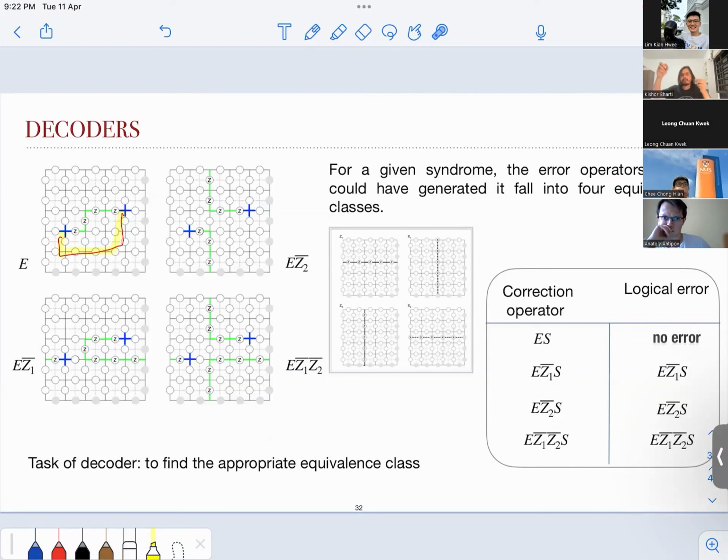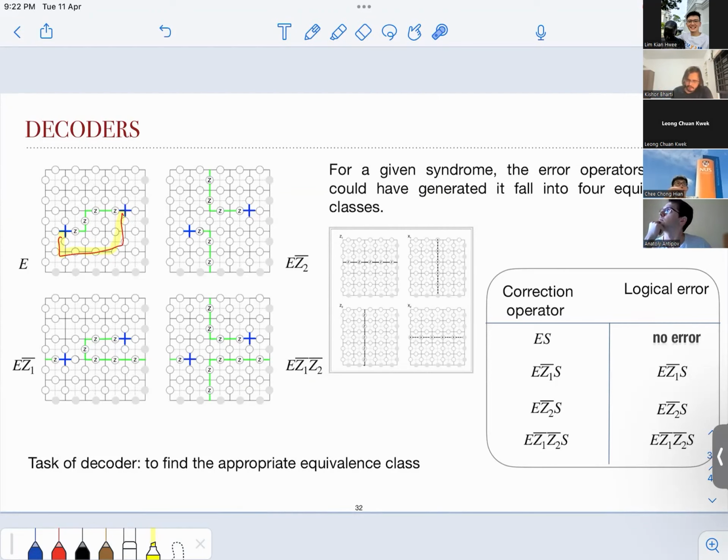There was some error from the environment, and then you implemented something which corresponded to a non-trivial loop, and together these two errors ended up implementing a logical gate. So your state came back to the code space. That's okay, but the way it came back is not okay, because you ended up applying a logical gate there.